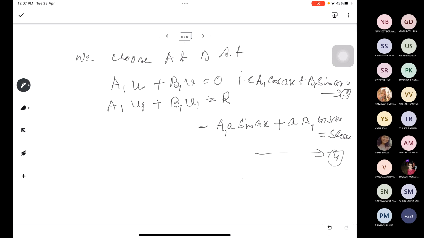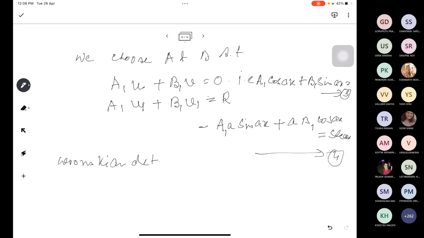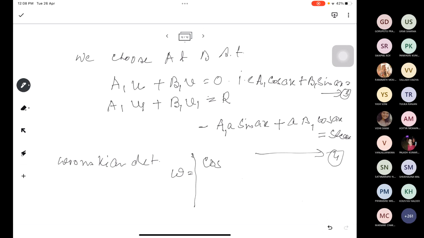Now here we can check the Wronskian determinant. What is the Wronskian determinant? W is equal to the determinant of U, V, U1, V1.